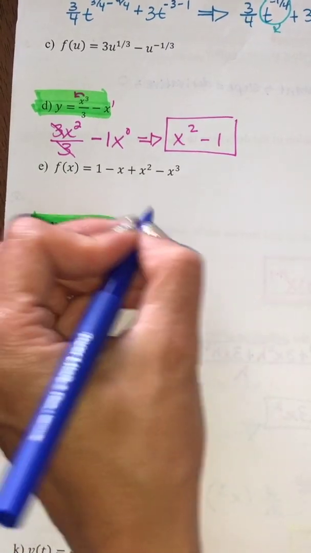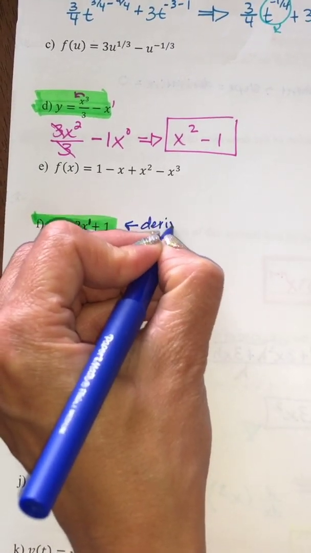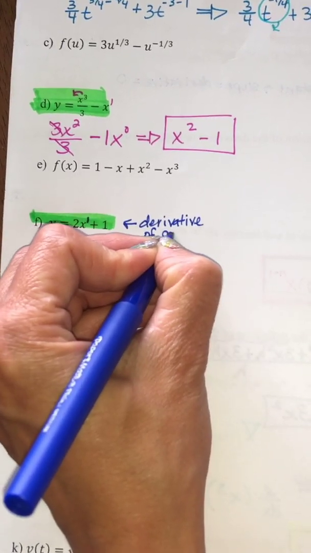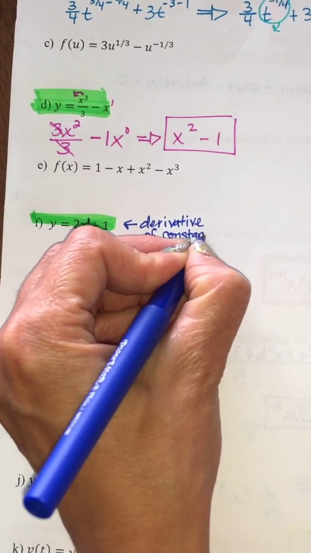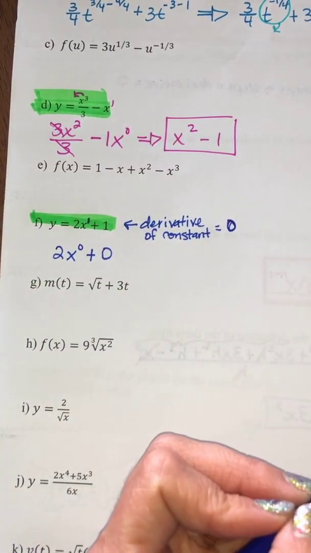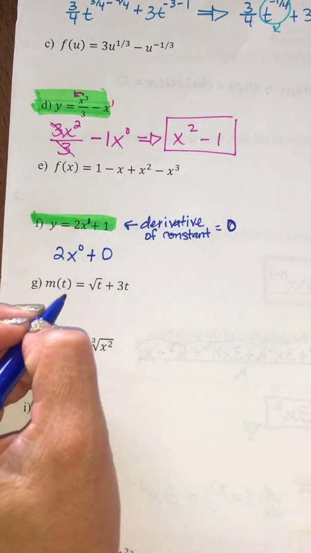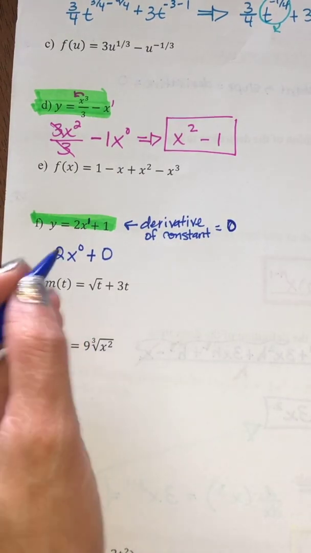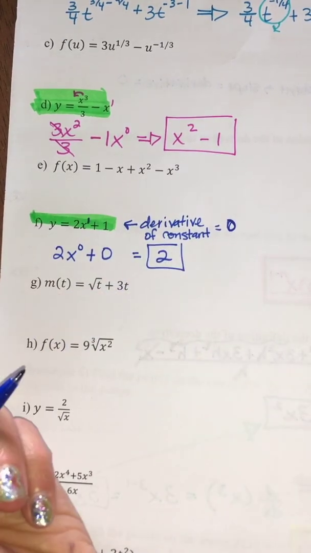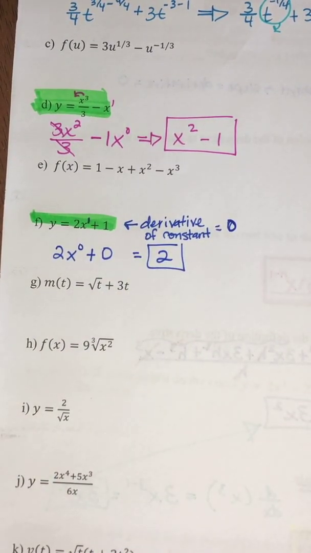It was from the first page, that first rule. The derivative of a constant will equal 0. Okay, so plus anything to the 0 power is 1, so 2 times 1 is 2, 2 plus 0 is 2. So the derivative of that whole thing is a 2.